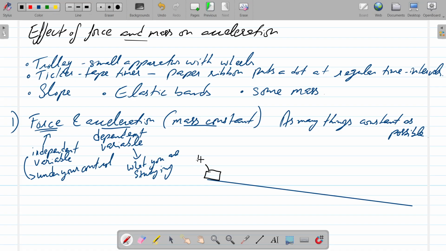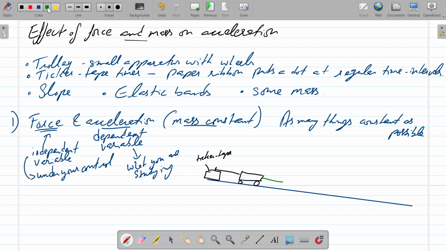This could be a ticker tape, or it could also be a motion sensing device, if you want to go electronic. And the ticker tape is attached to the trolley. I've drawn wheels. And on this end, let's change the color to make it clearer, you have attached an elastic band or elastic string.